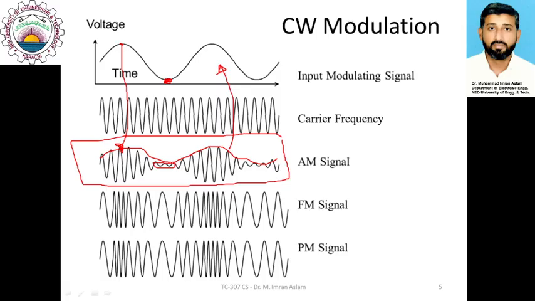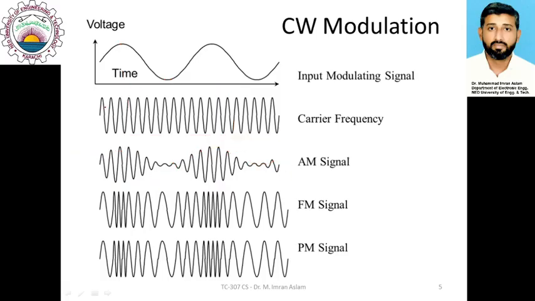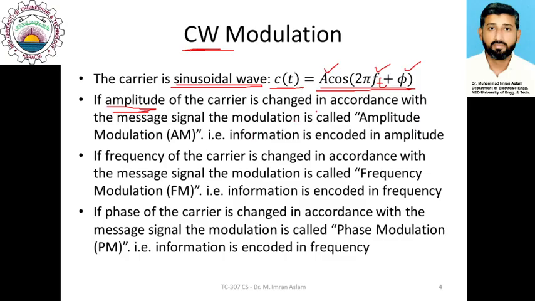So actually the information which is contained in this message signal is now represented by the change of amplitude in this modulated signal. This amplitude of the modulated signal carries the original information. So in this case, you can see that the amplitude of the carrier is varied, is changed in accordance with the message signal.